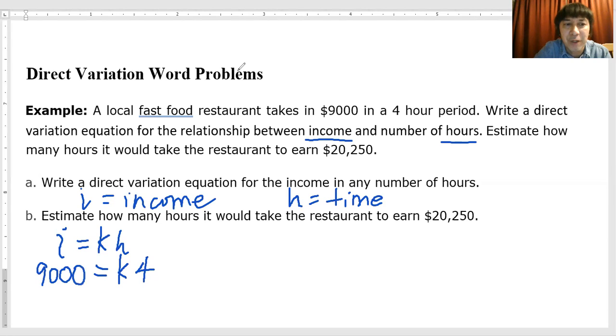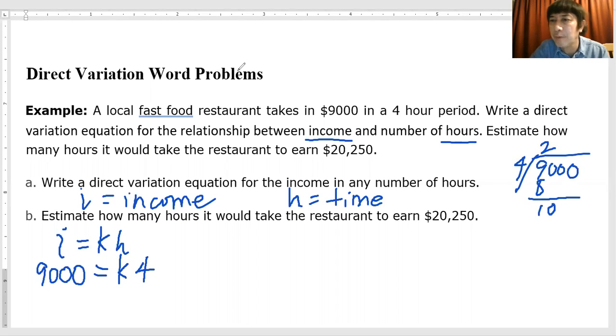So we have here 9,000 and we divide this by 4. 9 divided by 4 is 2, remainder 1. Bring down the 0, that gives us 10, which is 2 again, and then we bring down the 0 that gives us a 5 for the second 0, and this will be 20. Bring down the 0 for another division, that gives us a 0 there.